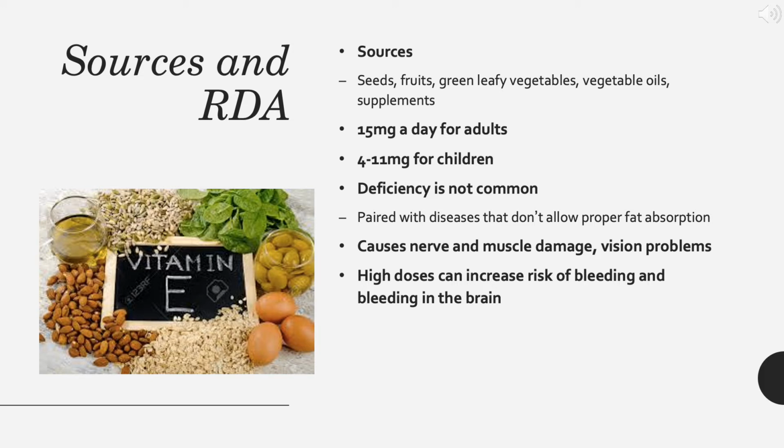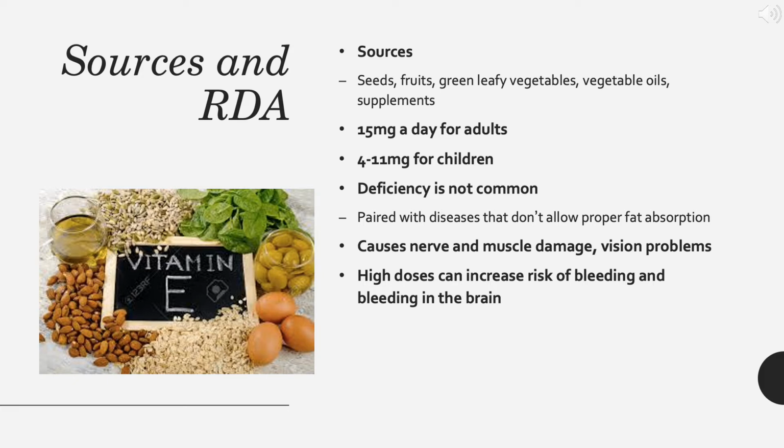And then usually we don't actually get enough vitamin E or the recommended amount, but we typically won't experience any complications because of that. It is a lot more common to experience complications if you also have a disease that doesn't allow you to absorb fat properly.